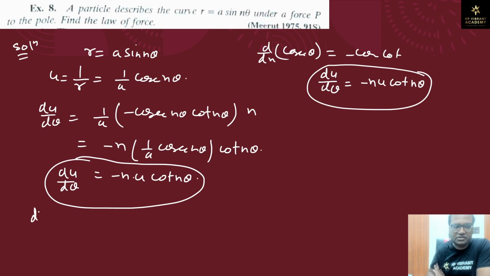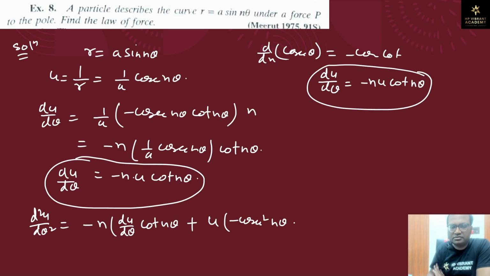Okay, let us further differentiate this. d2u upon d theta square is equal to minus n du upon d theta into cot n theta plus u times minus cosec square n theta times n. So we have minus n into du upon d theta is this one. So we have minus nu cot square n theta minus un cosec square n theta.